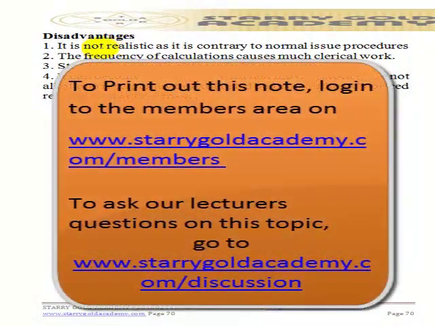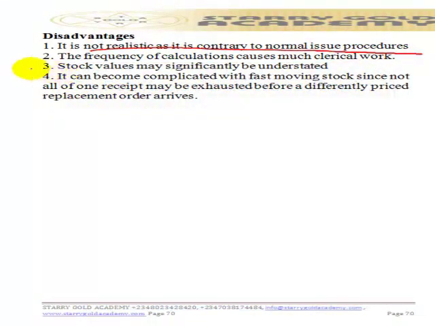Disadvantages: it is not realistic as it is contrary to normal issue procedures, that you issue the last item that comes in. Because we are supposed to issue as the items are coming in based on the timing. The frequency of calculations causes much clerical work. Stock values may be significantly understated.